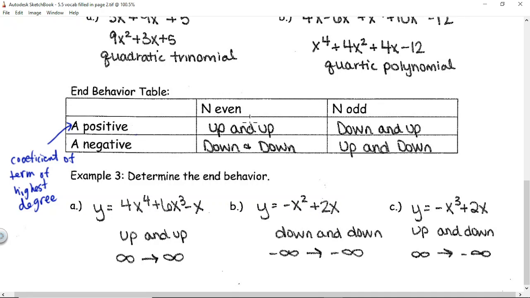So if a is positive, we have this end behavior for n being even, and n, let's tell what that is. That is just the degree of a term, the exponent that the variable is raised to in that term. So in this case, of course, we're talking about the term of highest degree.